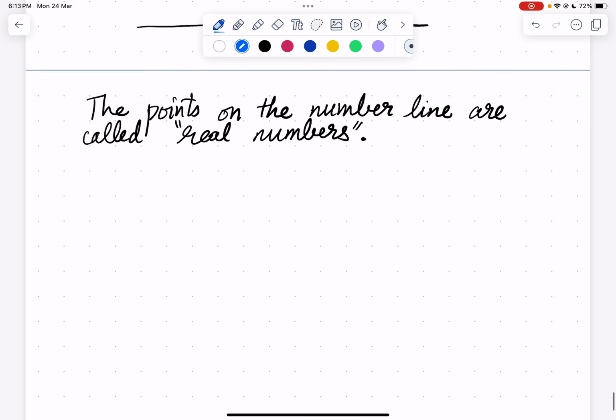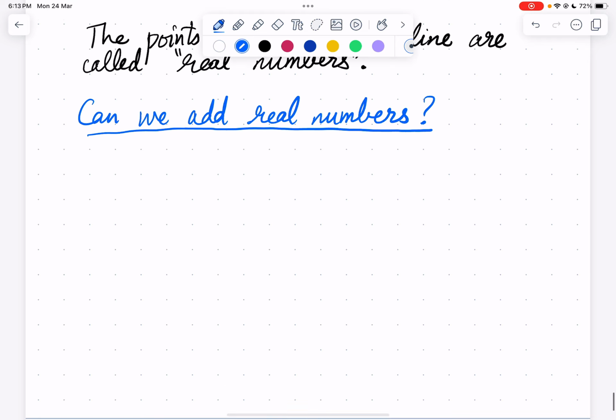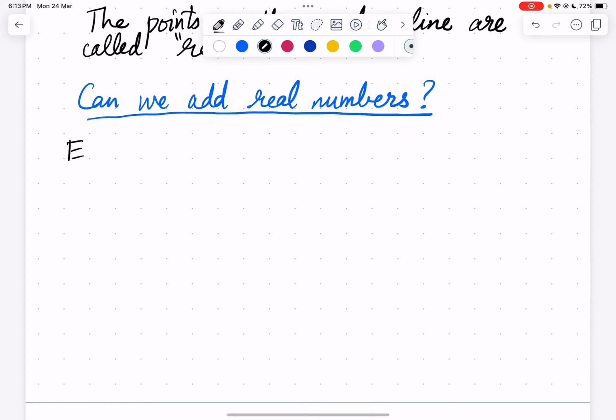Now, we can ask, can we add real numbers? So, here's an example.